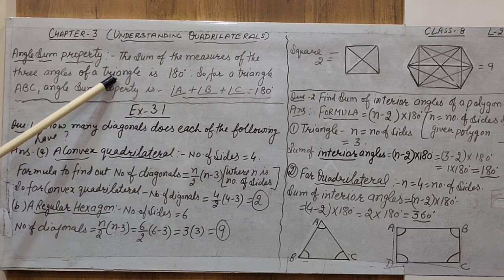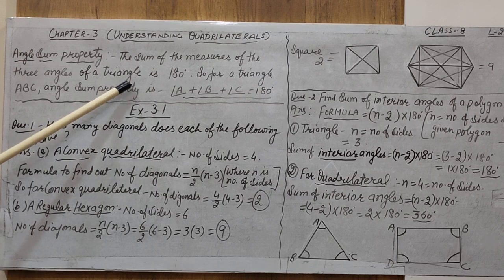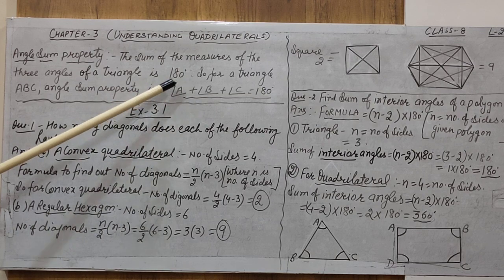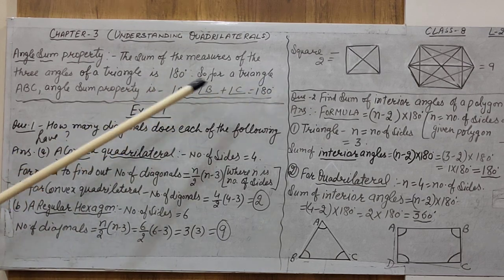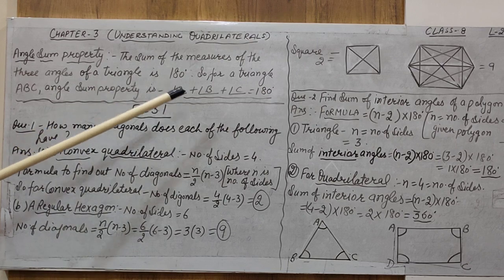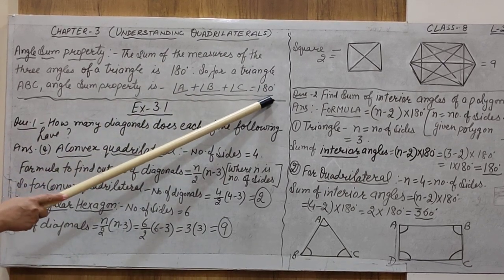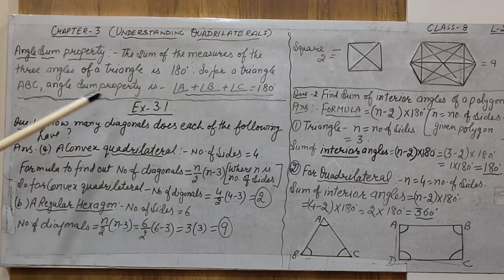A triangle can be equilateral, isosceles, or scalene. We have to add all the angles, and their sum must be 180. Only then is it called the angle sum property. Angle A plus angle B plus angle C is equal to 180. Such a property is known as the angle sum property.